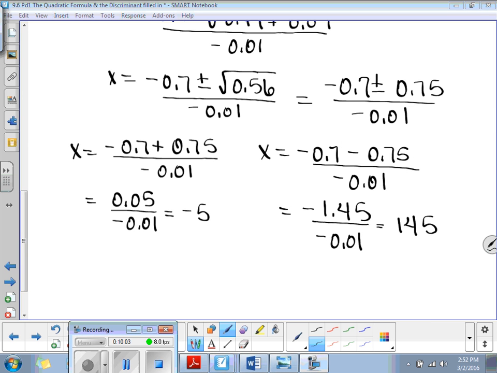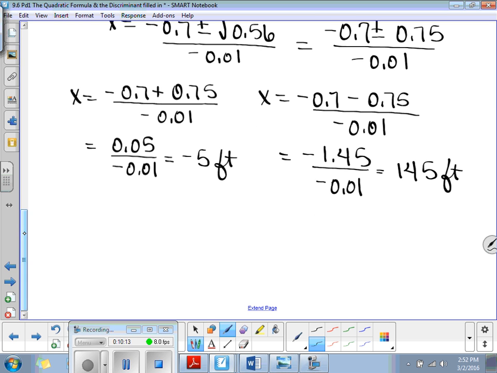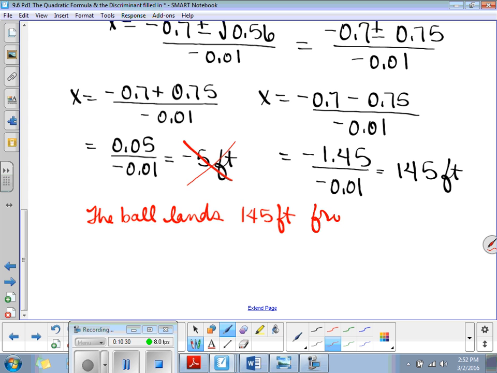So, there we are simplified. This is going to be a negative 5 feet, and this is going to be 145 feet. Very good. So, that means that this one gets thrown out. So, the ball lands 145 feet from the data.